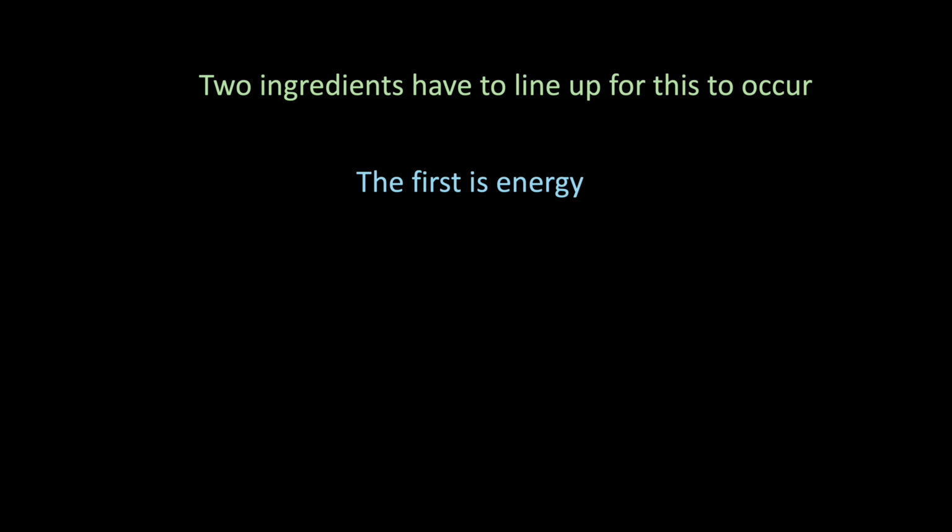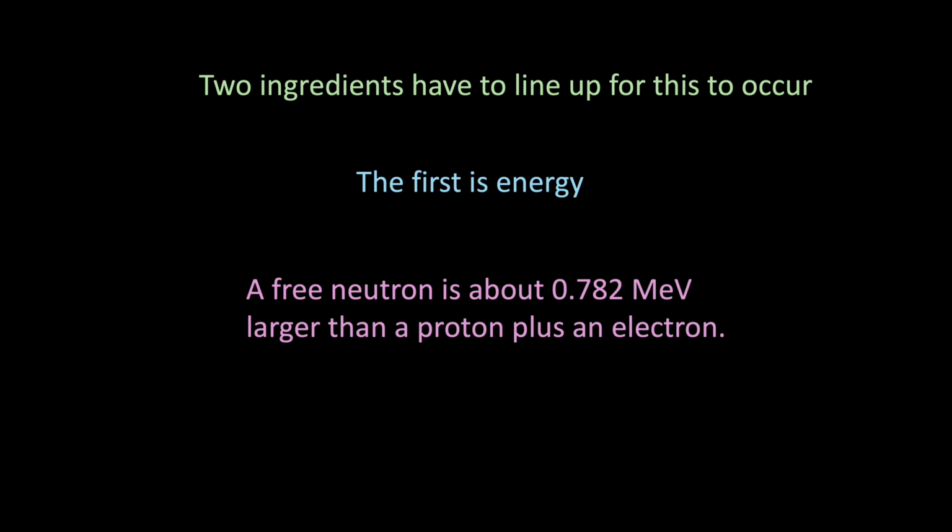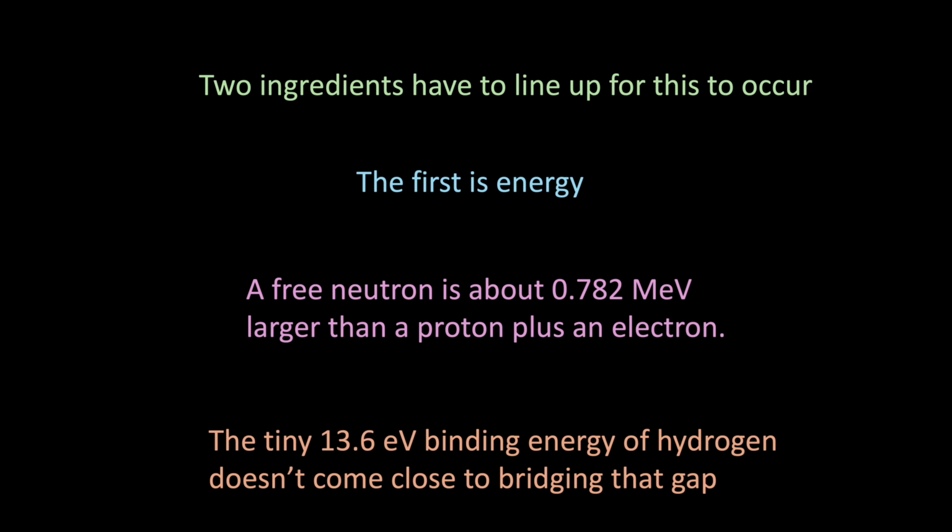That's why a proton never spontaneously captures an electron in isolation. In energy terms, the rest mass of a free neutron is about 0.782 megaelectronvolts larger than that of a proton plus an electron. The tiny 13.6 electron volt binding energy of the hydrogen doesn't come close to bridging that gap, so the process is energetically impossible.